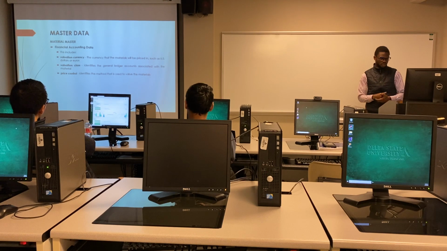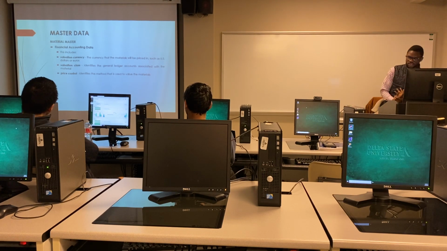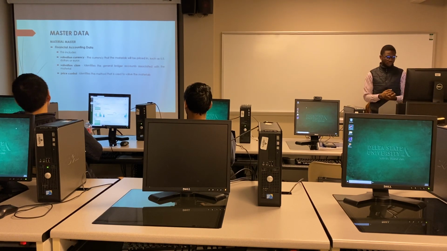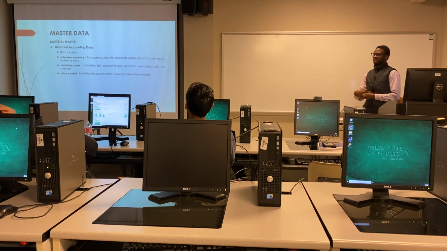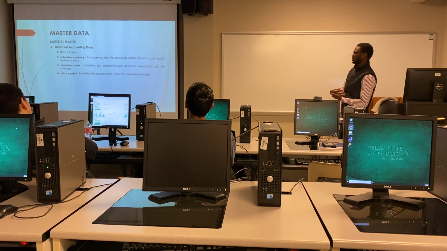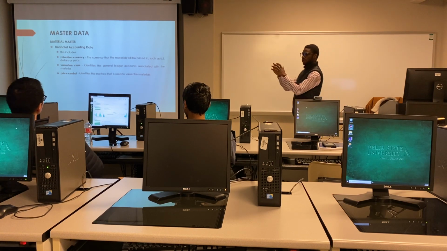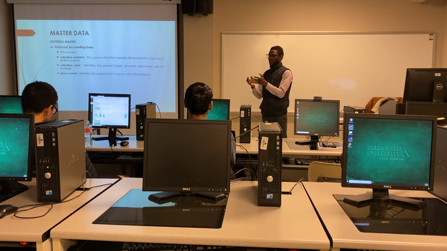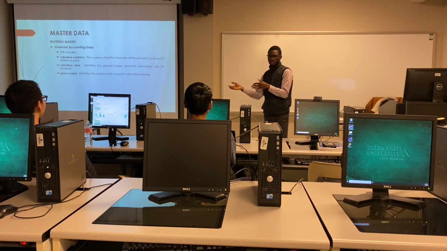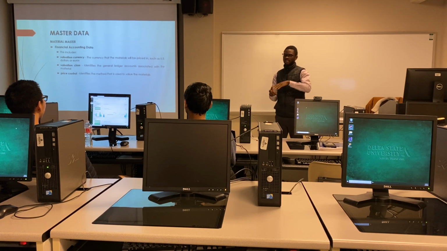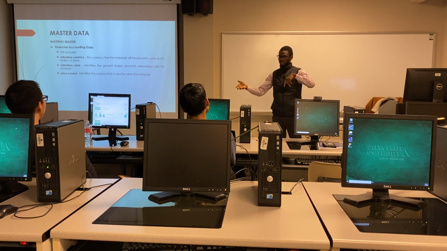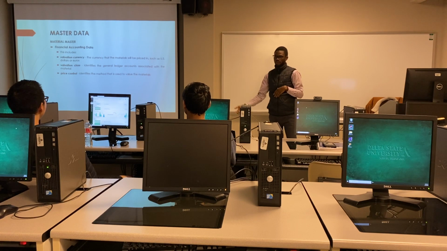I have in my notes here that there are two options for price control, which are the moving average price and the standard price. Now, a bit of explanation: the moving average price is when you value the total item. For instance, you have 20 bicycles valued at $5,000. So the moving average is like taking 5,000 over 20, and whatever you get is the moving average price.